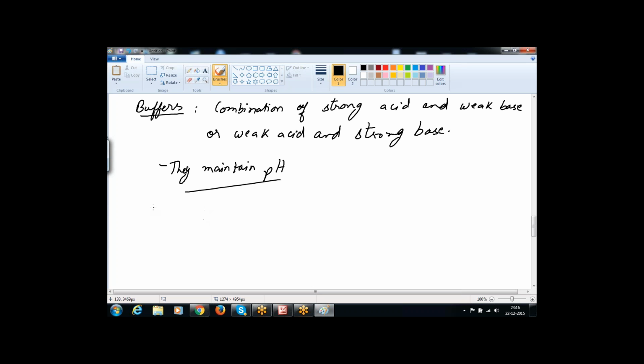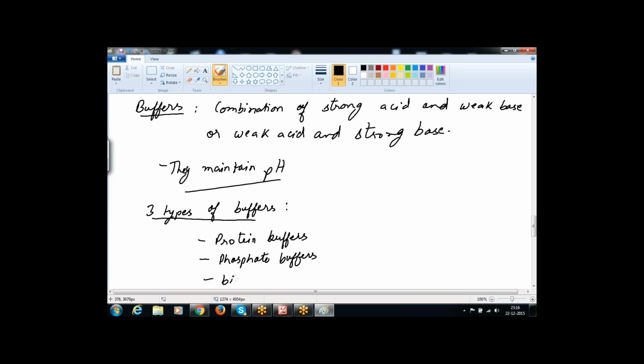Now there are three types of buffers in our body. These are protein buffers, phosphate buffers, and bicarbonate buffers.